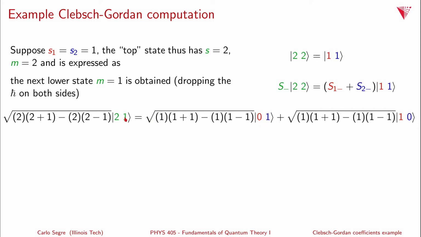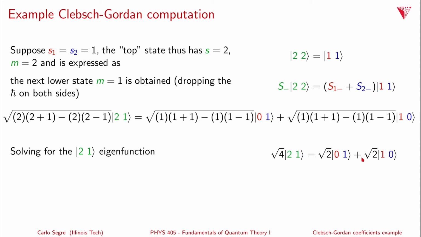That's always the case. Well, when I put these all together, I can solve for the 2, 1 eigenfunction. So I get the square root of 4 times the state 2, 1, plus, this term is 0, so this term is 2, so square root of 2 times the 0, 1 state, plus square root of 2 times the 1, 0 state.